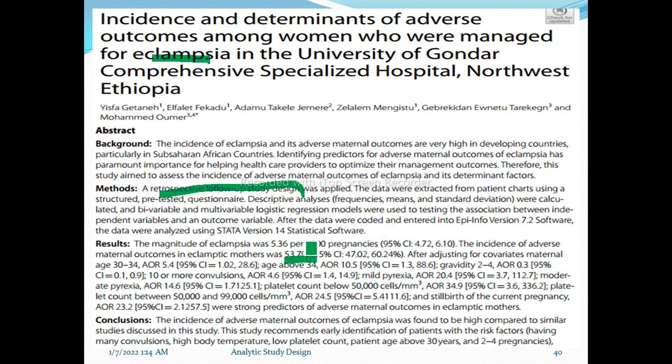Whether the eclamptic mothers develop an adverse outcome or not is our outcome of interest. Since there are no mothers without eclampsia, we use the term follow-up study design in contrast to cohort study design. It is a retrospective follow-up design since the other arm, the non-eclamptic mothers, is absent.